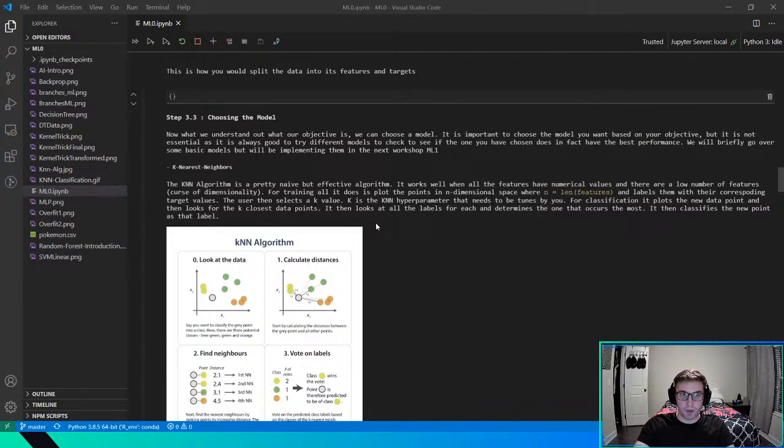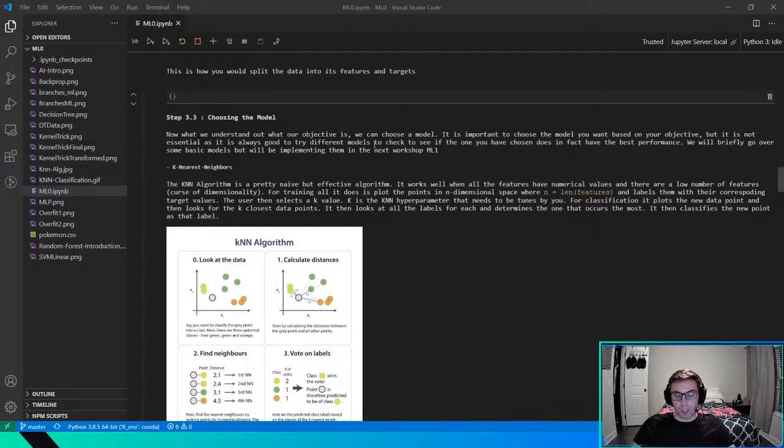Alright, so next step is choosing the model. Now we understand what our objective is, we can choose a model. It's important to choose a model based on your objective, but it's always good to try different models to see which one has the best performance. A lot of times you might have suspicions of which one will perform better based on experience, and we'll talk about which models perform better where.